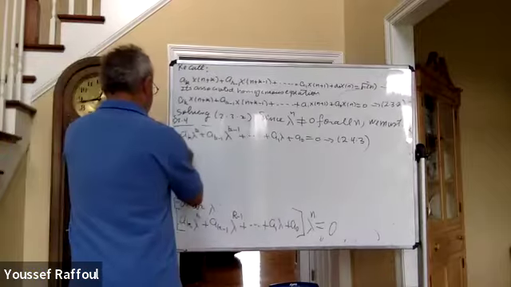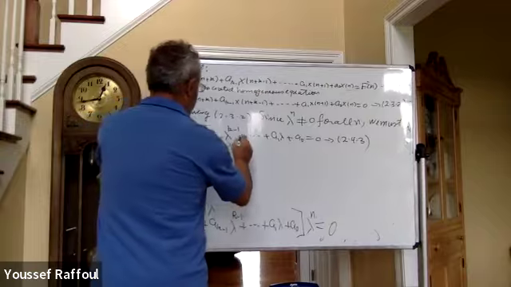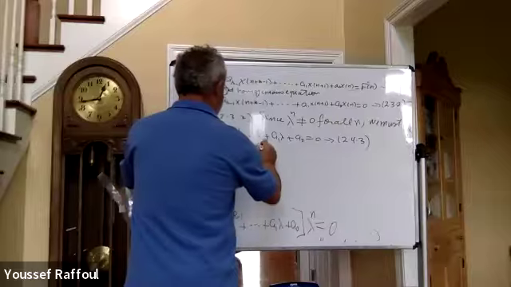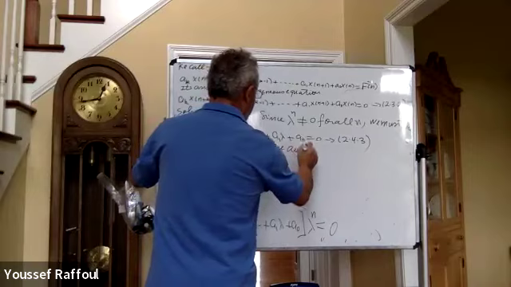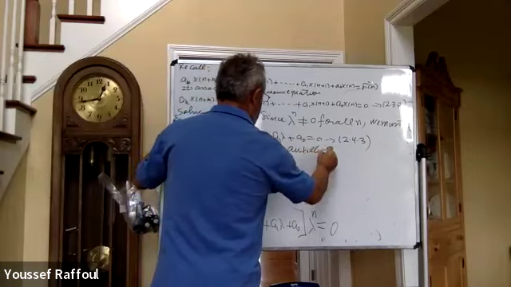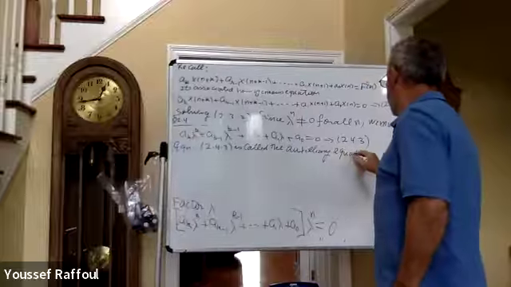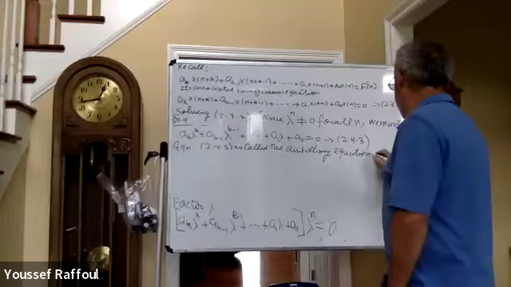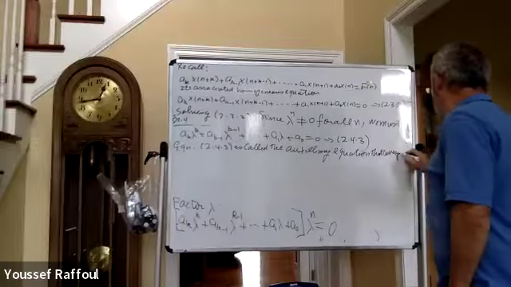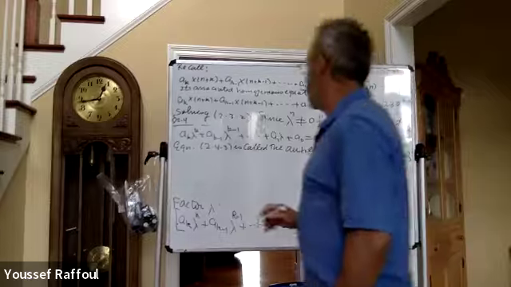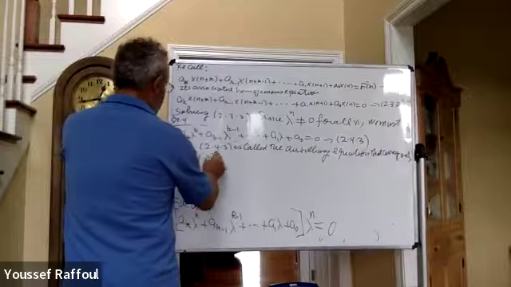Now, equation 2.43 is called the auxiliary equation that corresponds to 2.32.